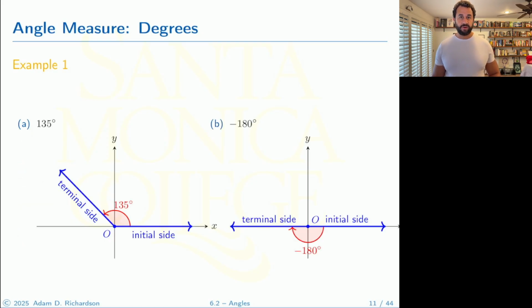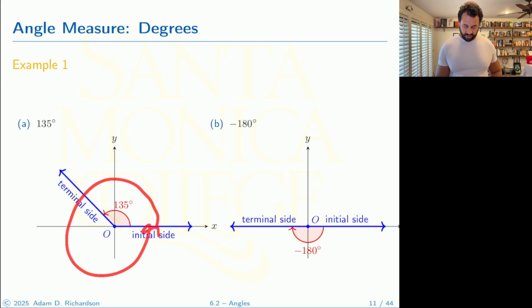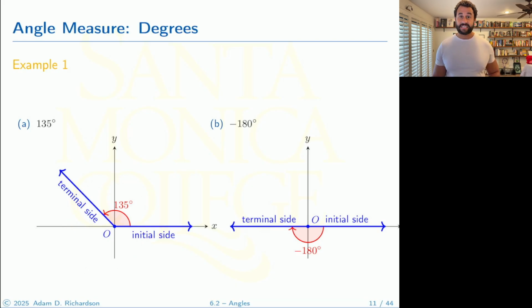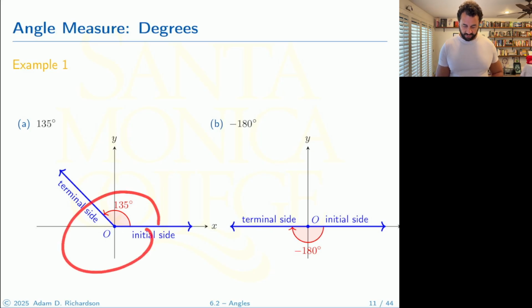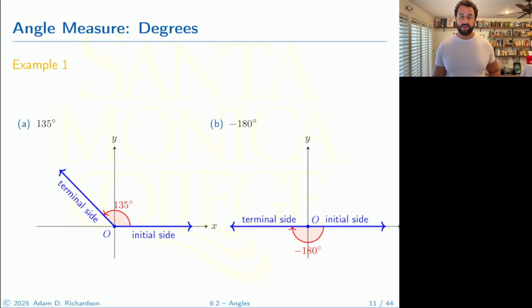So here's 135 degrees. Just keep in mind that a full rotation is 360. If we chop that up into a bunch of little pieces, if the full is 360, half is 180. And if we were to take 360 and cut it into four, we would get 90, since 360 divided by 4 is 90.